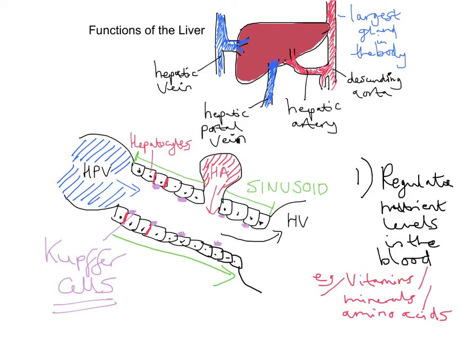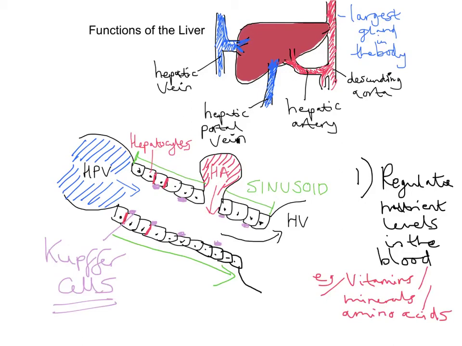So what the body does is produce, as you may know, insulin when there's a high blood sugar. Insulin is released from cells of the pancreas and it stimulates those hepatocytes to absorb glucose and convert it to glycogen. So in another video when I've talked about blood sugar control, I said to lower blood glucose, we store glucose as glycogen in the liver. So that's what those hepatocytes can also do. So as part of regulating nutrients, I want to make an extra special point.